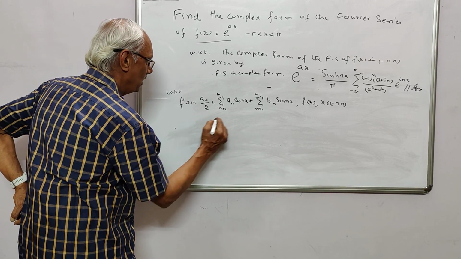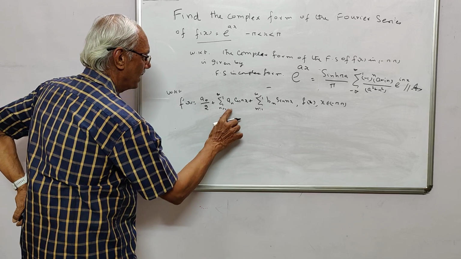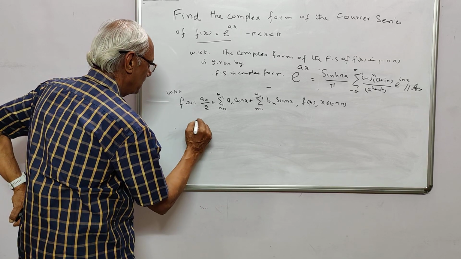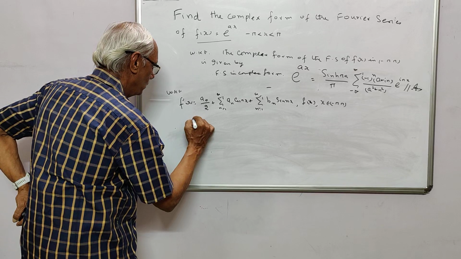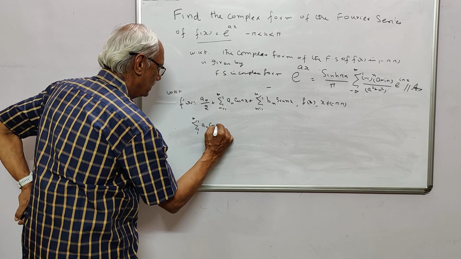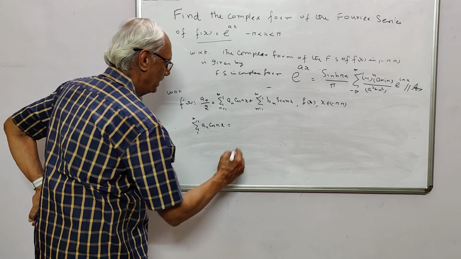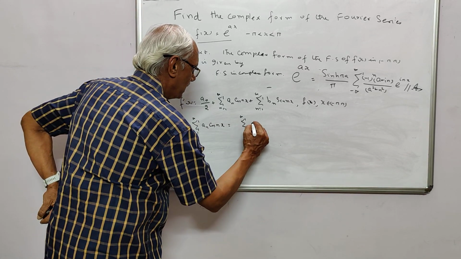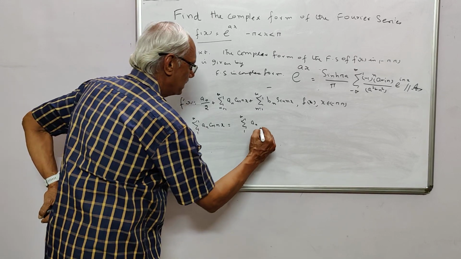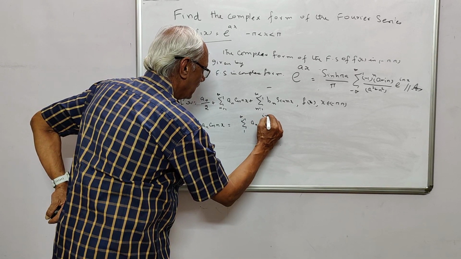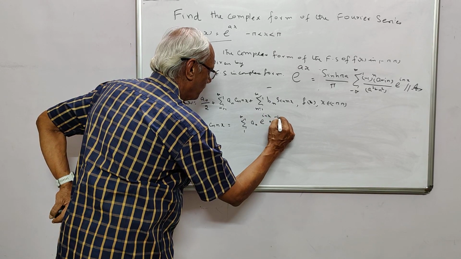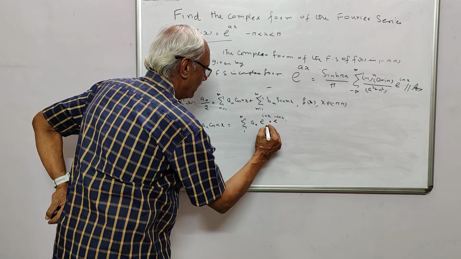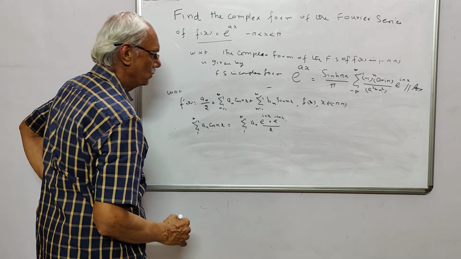Now we know that you can write this as, I will take this, sigma of 1 to infinity of an cos nx can be written as sigma of 1 to infinity of an into e to the power of inx plus e to the power of minus inx, divided by 2. So this is what you will get.